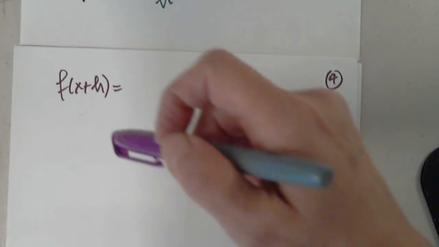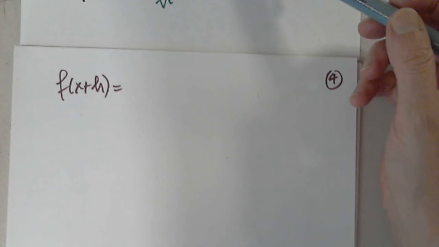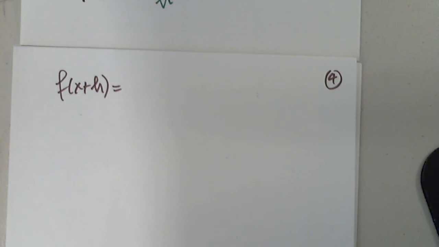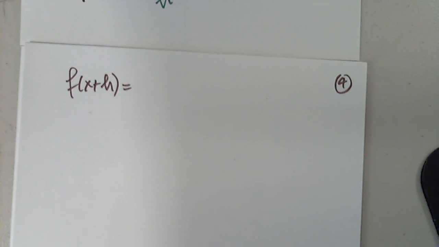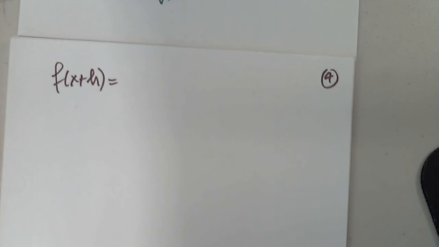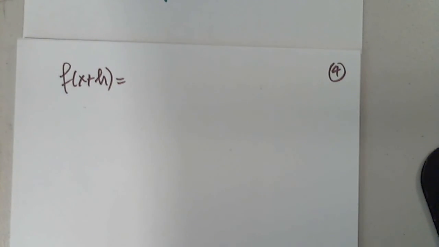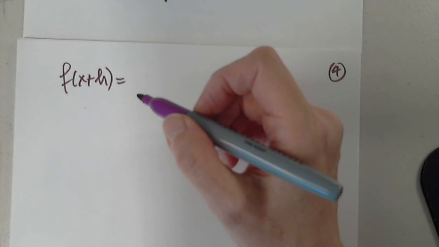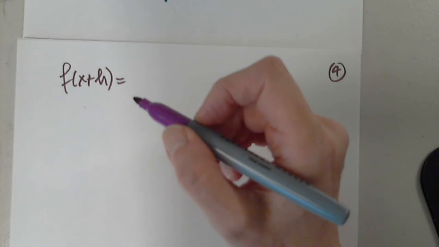Please. Okay, so for this function, which is x squared plus 4x, what does f of x plus h look like? What do I write? Can anyone dictate?